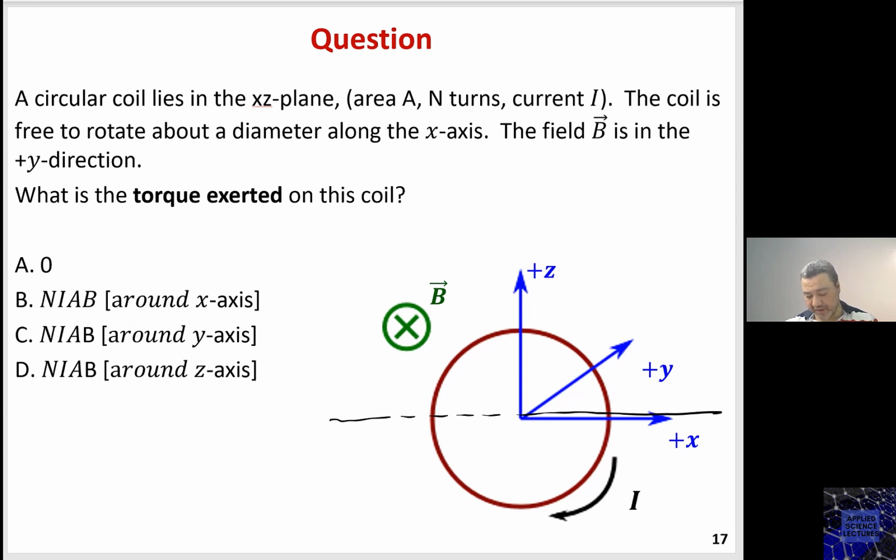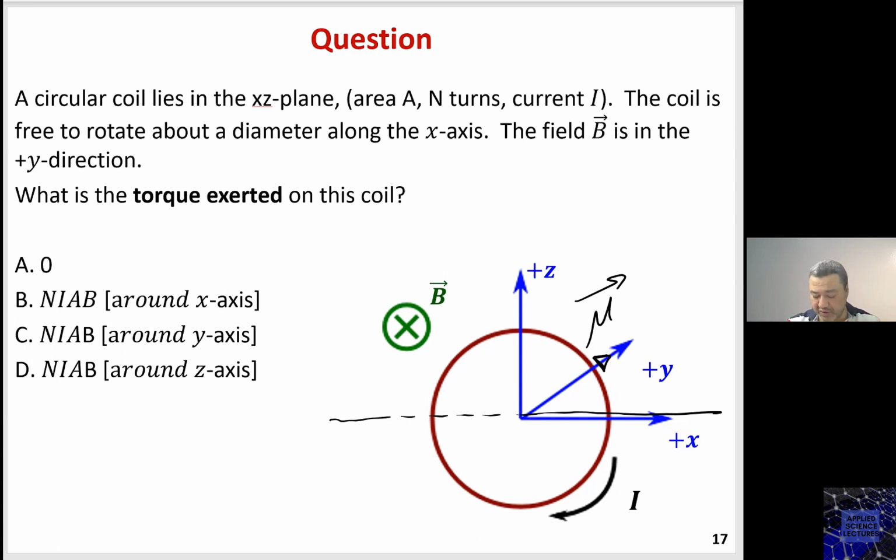So in this case, since the current is going clockwise, using the right hand rule for the clockwise, I can see that the magnetic dipole moment would be pointing along the y-axis. So this is going to be the magnetic dipole moment, which is basically already aligned with the magnetic field.